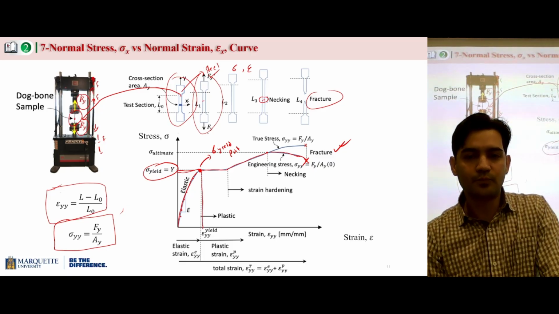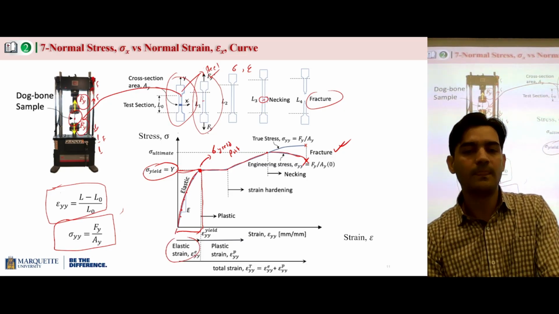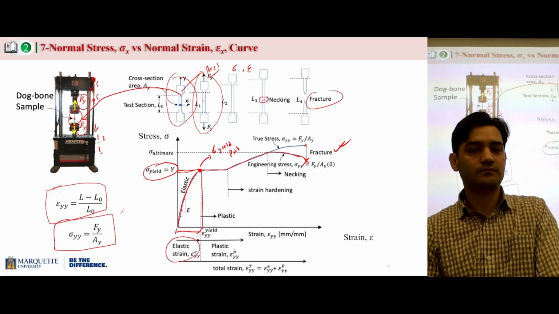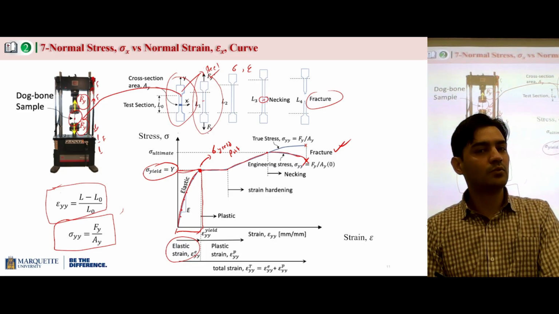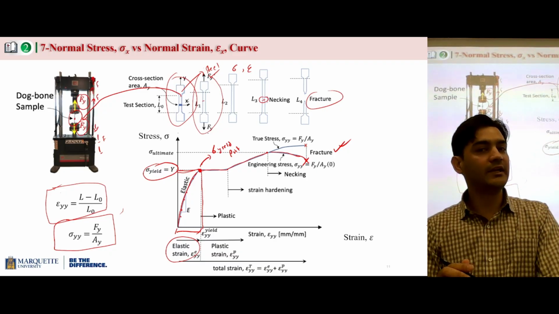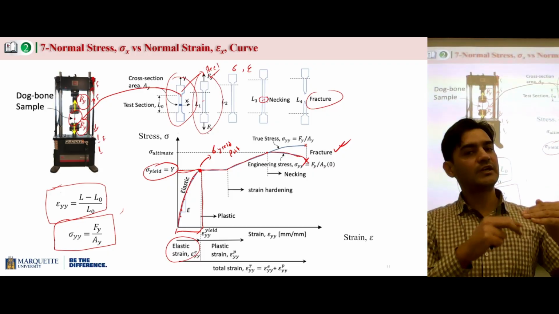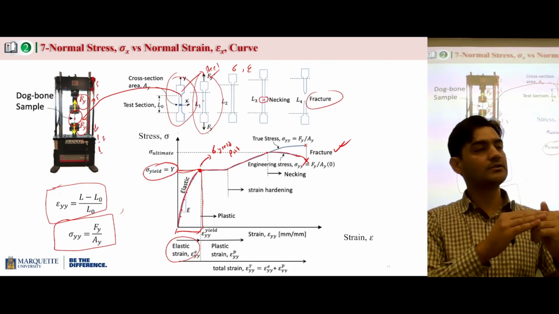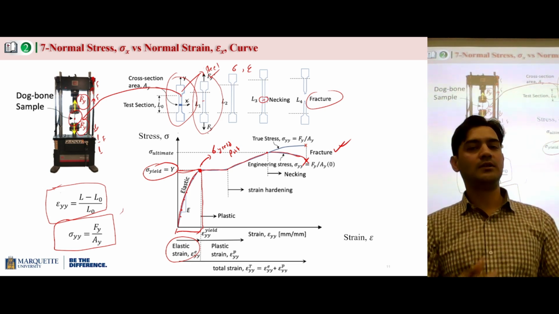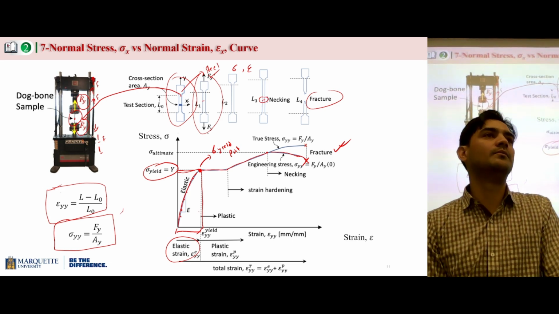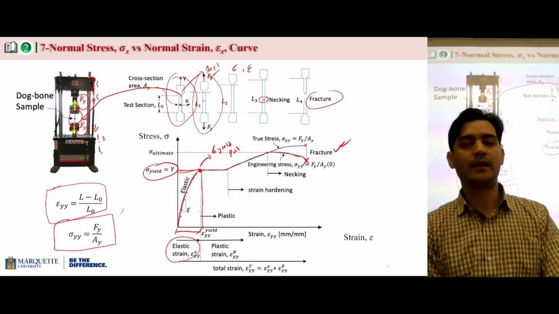Till that point, all the strains are called elastic strains. If you apply a force which pushes the material beyond this point, and the stress goes beyond the yield point, and after that you remove the force, the material will not go back to its original position. You will observe permanent strains, and you don't want that.